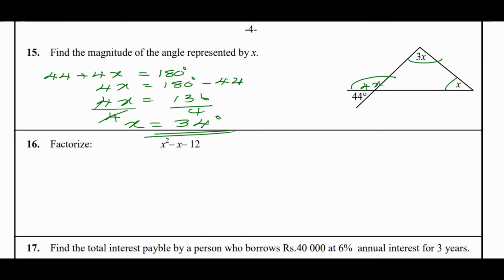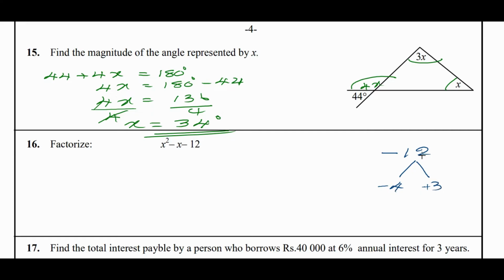Question number 16. Factorize x squared minus x minus 12. Then we have to find the factors of minus 12 as well as completing the minus x. Minus 12 can be constructed using 4 into 3. Here should be minus x. I will put minus here and I will put plus 3 here.